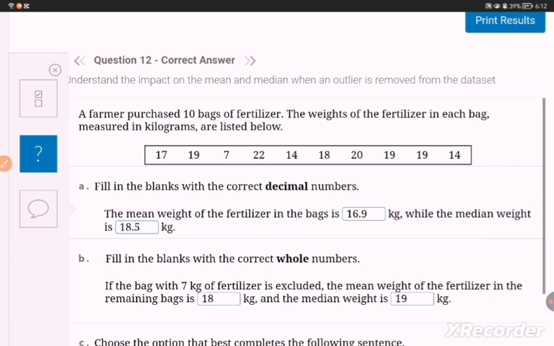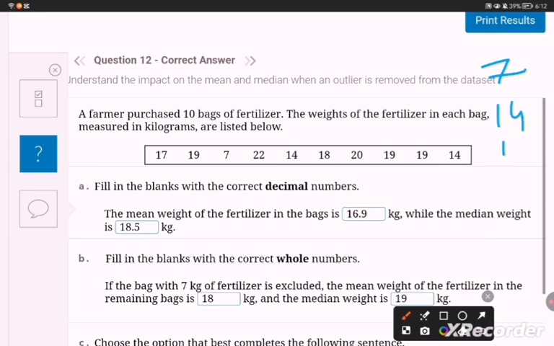And then the median, they're not really arranged, but you can arrange them quickly because there are not a lot of values. So your smallest value is 7. And then there's 2 14s. I'm just going to cross them out so I don't get confused. 17, 18, 3 19s.